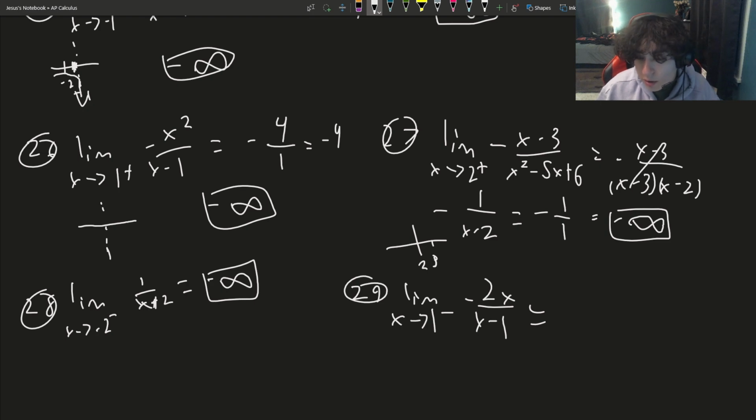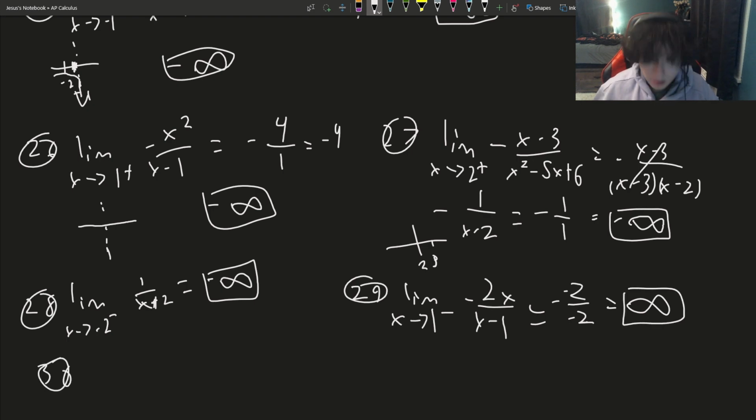So if we were to put negative 1, we would have negative 2 over negative 1 minus negative 2, and then we would get a positive, pretty sure. 29, yeah. I mean, you can just plug in 0. I'm pretty sure 0 is positive, but don't take my word for that. And then that's infinity.